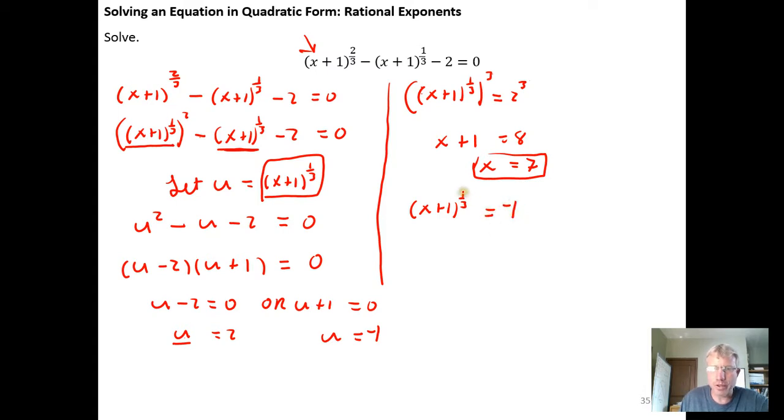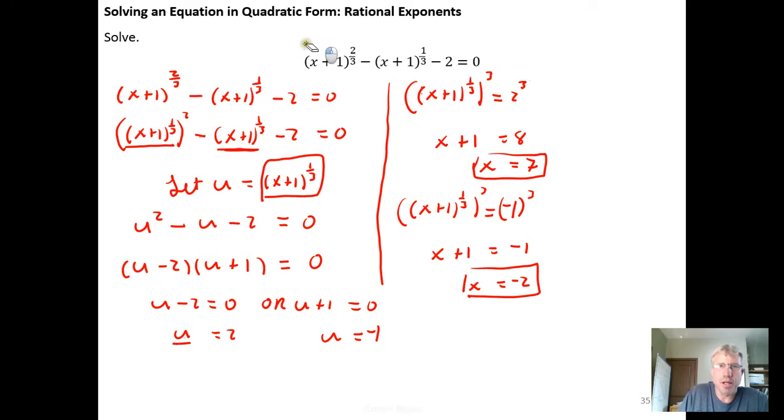Because the numerator of the rational exponent isn't even, it's okay to have a negative output over here. So I'm going to raise each side to the 3rd power, and 3 times a third is 1. x plus 1 to the 1st power is just x plus 1. -1 to the 3rd power is -1, and then subtract 1 from both sides. We get x equals -2. So here's our other solution candidate.